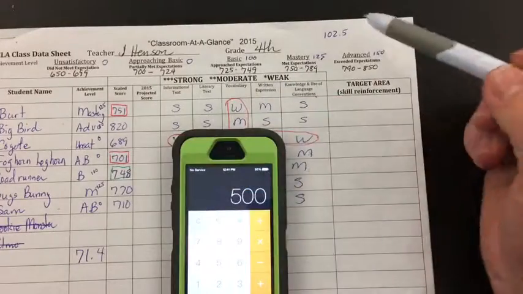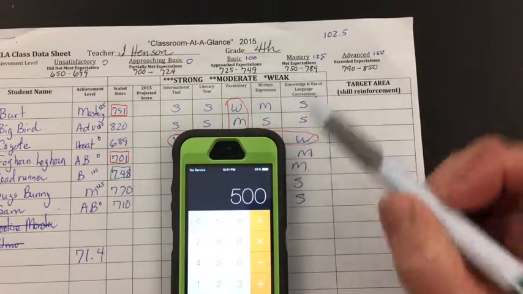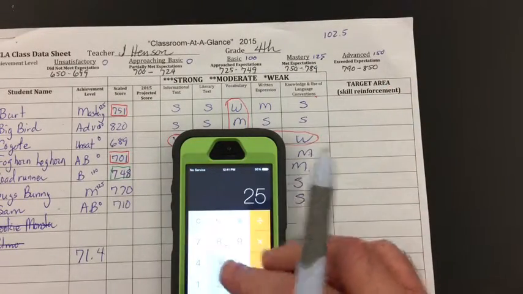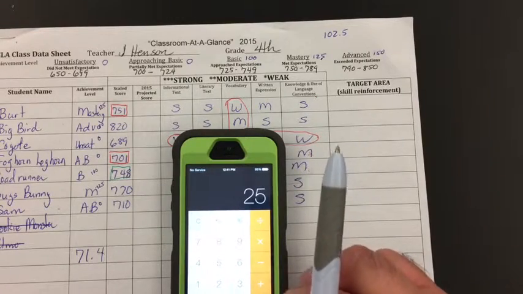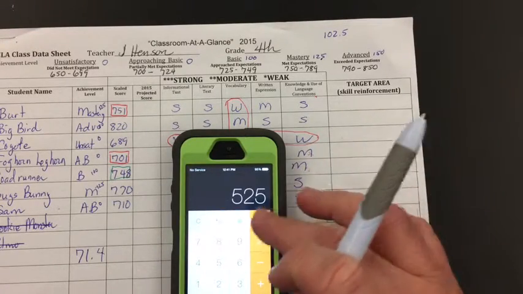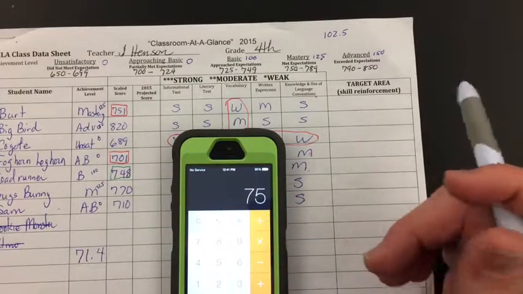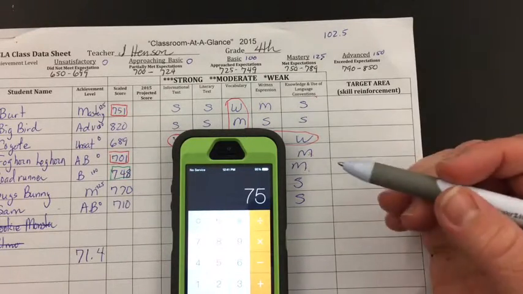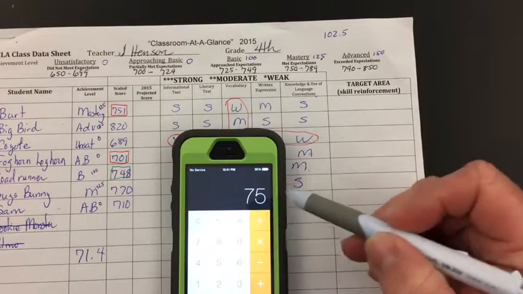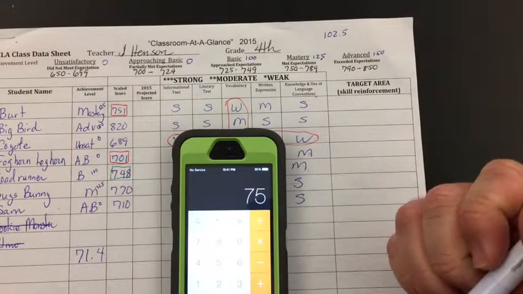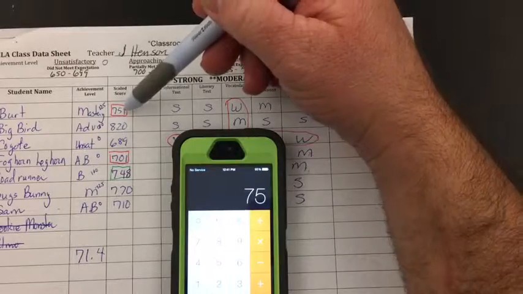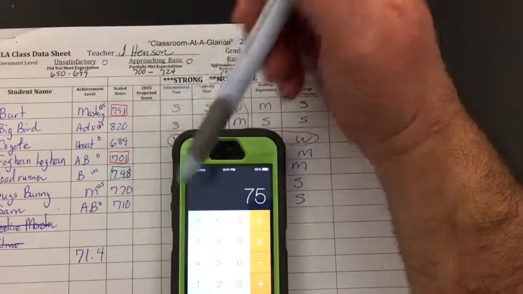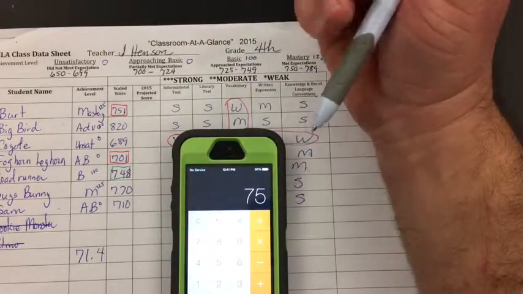By moving up from a Basic to a Mastery, that gives me 25 more points, right? So 525 divided by 7 brings me up to a 75. That's not that great, but look how much better that is than a 71. On the other hand, if these two slip slightly, that 71 is going to be much worse.